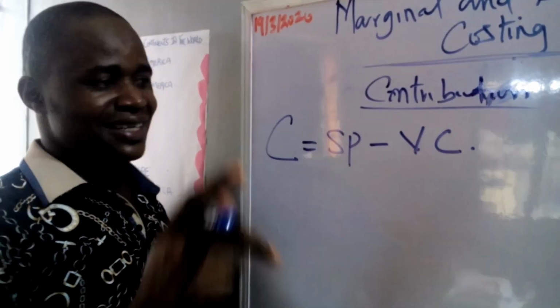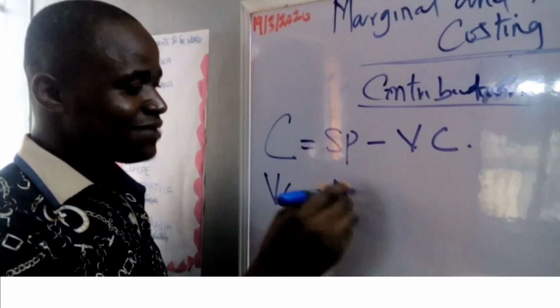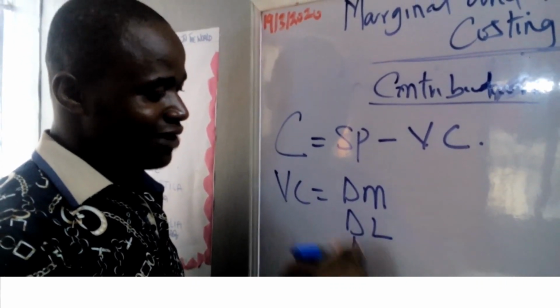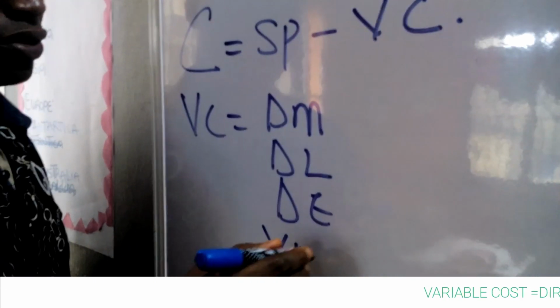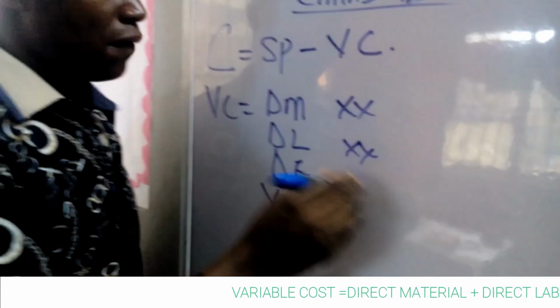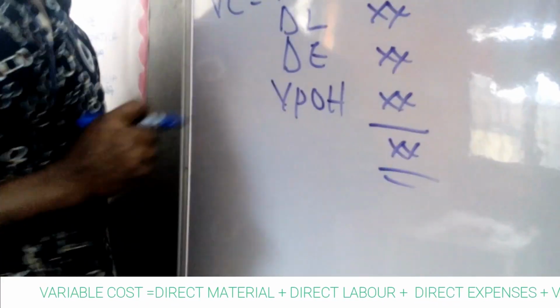And don't forget that your variable cost, like we said earlier, is the direct material plus direct labor plus direct expenses plus variable production overhead. The summation of these four is your variable cost.